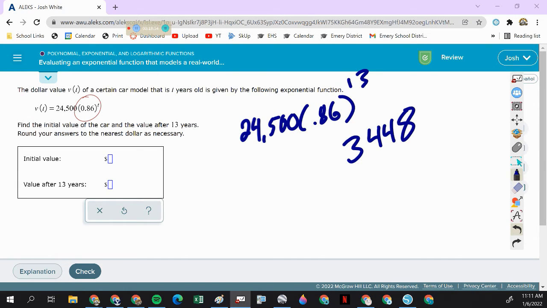If you buy a brand new car, well, this isn't the case anymore. If you go buy a brand new truck right now, if you can find one, you can turn around and sell it for more than it's worth, which is weird. But other than the last couple years, you go buy a brand new $30,000 car, it loses $5,000 of its value as soon as you drive it off the lot.